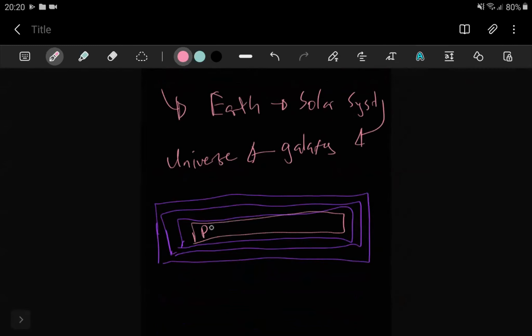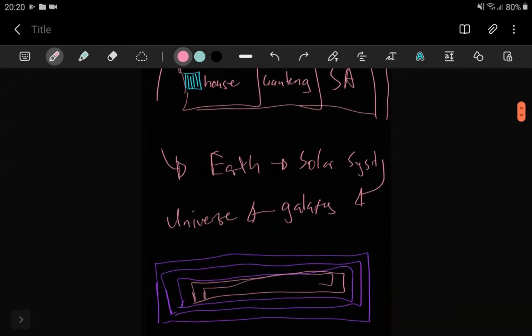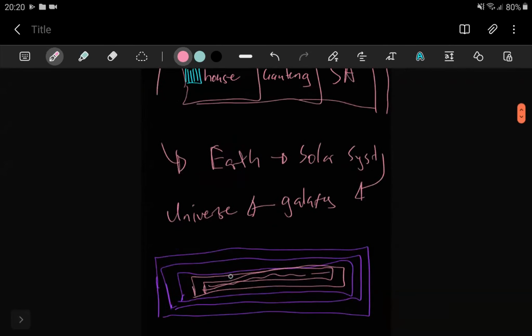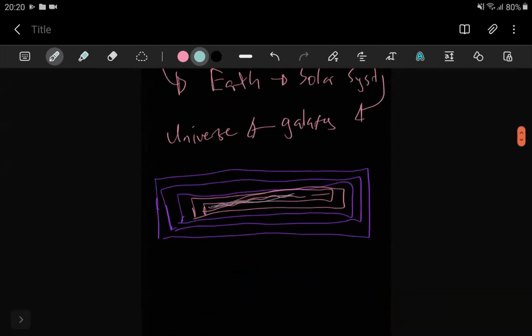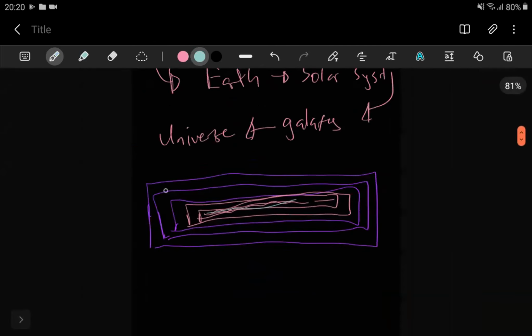Inside planets we have continents, in continents we have countries, in countries we have provinces, and in provinces we have houses. So most of the time you have one big thing, and in that big thing there's everything else. That's how the number system works.